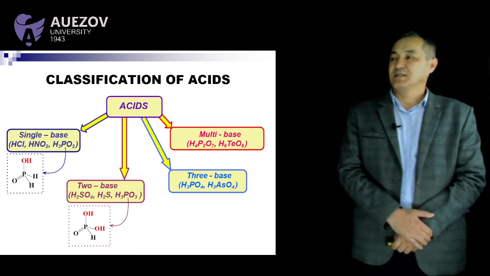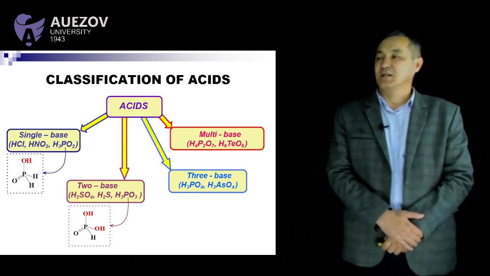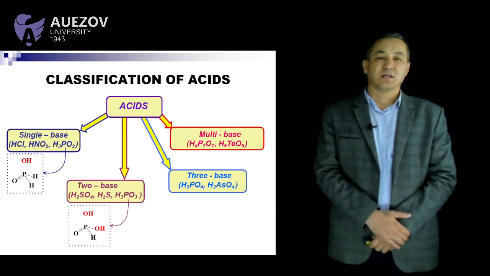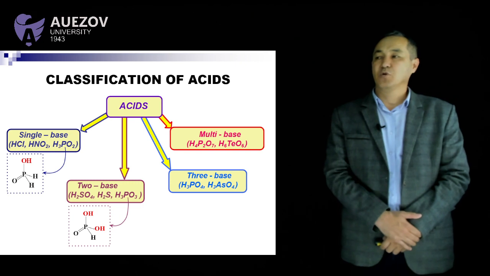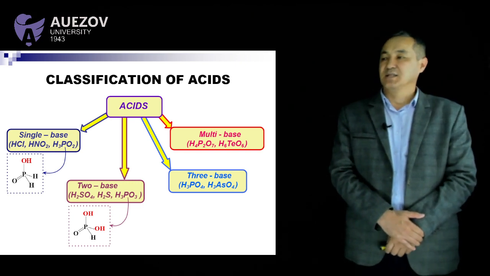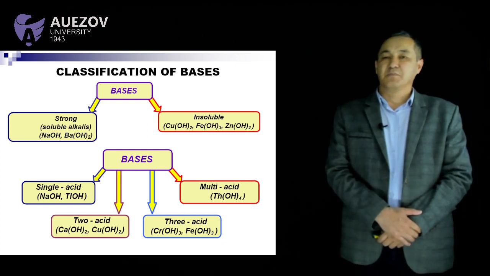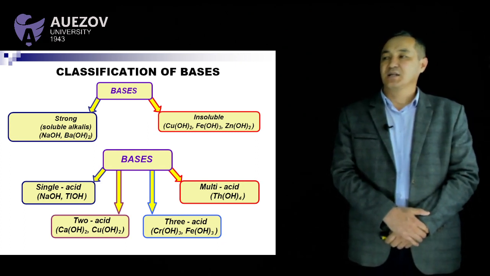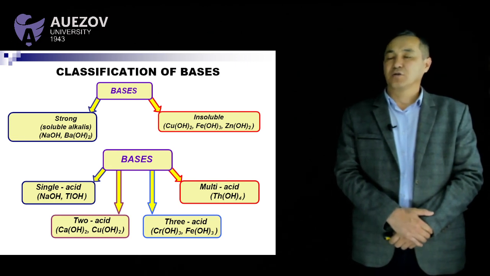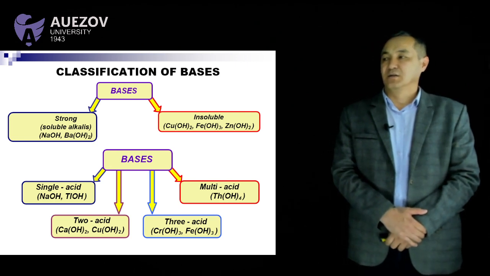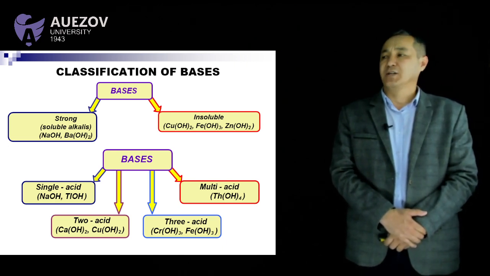Classification of acids. Acids can be classified into monobasic, dibasic, tribasic, and polybasic acids. Classification of bases. Bases can be strong bases and insoluble bases. Strong bases are formed by soluble alkalis, for example, sodium hydroxide and barium hydroxide.